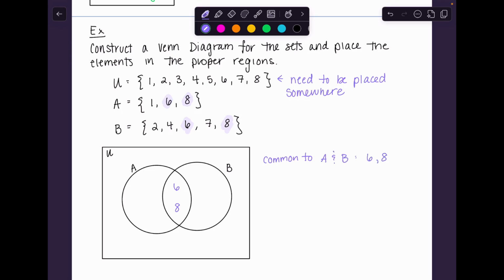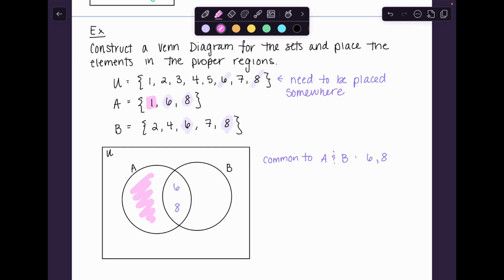Okay. The other thing I like to do is, again, the numbers 1 through 8 have to find a home. So I'm going to go ahead and mark off 6 and 8. They found a spot in my diagram, so I don't have to worry about them anymore. Now that I've got that done, I can go back into set A. I've got number 1 here that doesn't have a home yet, but that's unique to A. So it's going to have to go here in the left.